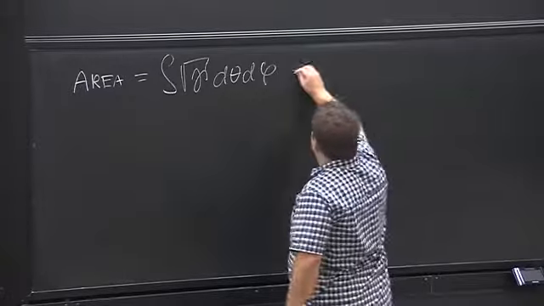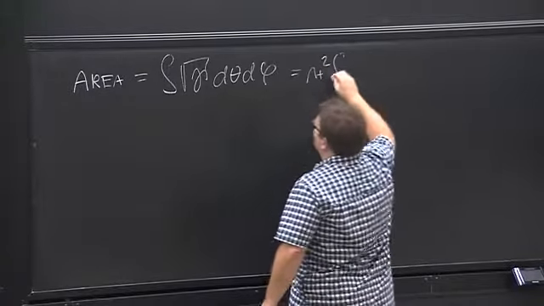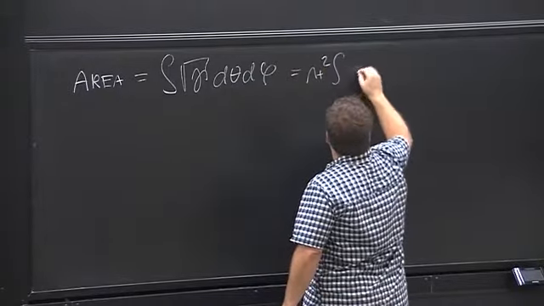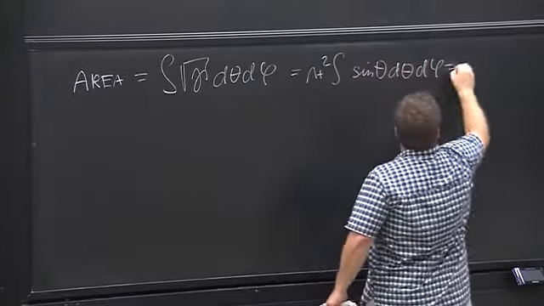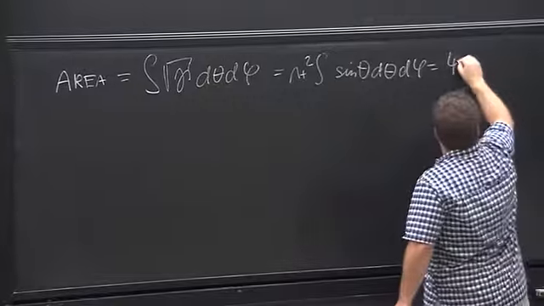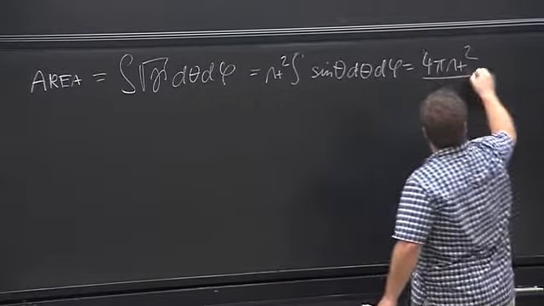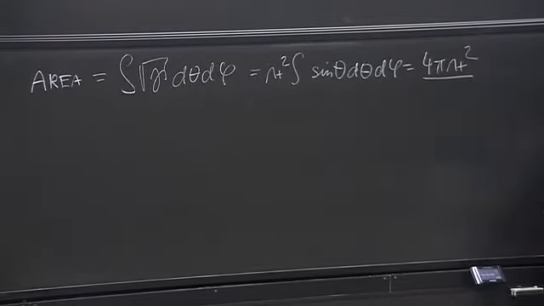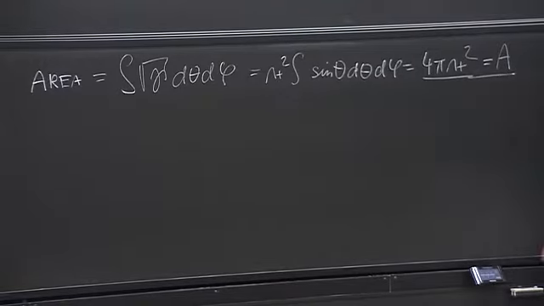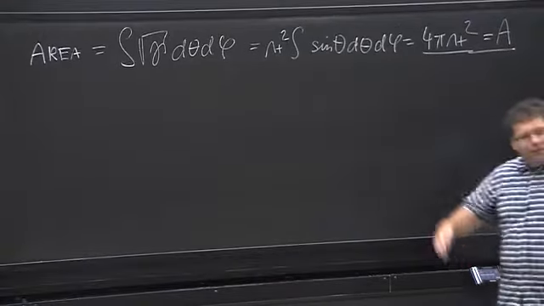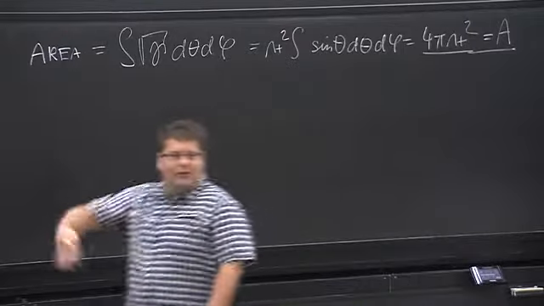And so this is simply equal to r plus squared times the integral of sin θ dθ dφ, which is 4π r plus squared. So let's call this capital A, and that's our area, how big the surface of our horizon is.